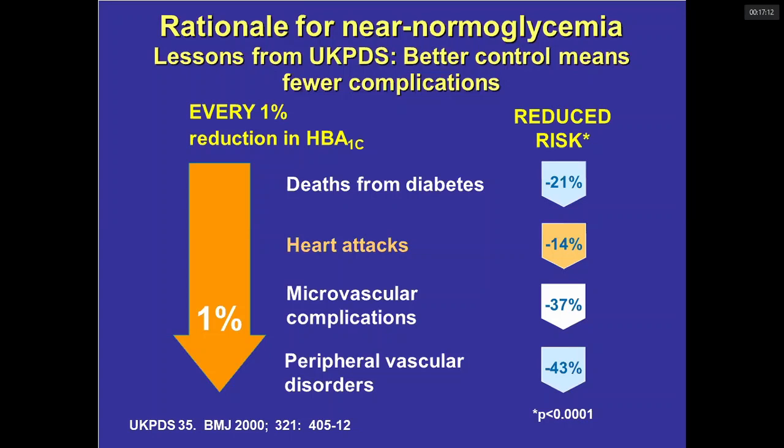For macrovascular complications, this is important, especially end-stage renal disease, more than 37%, and peripheral vascular disease, more than 43%. Control of blood sugar is very important and essential to delay long-term complications and maybe prevent them.